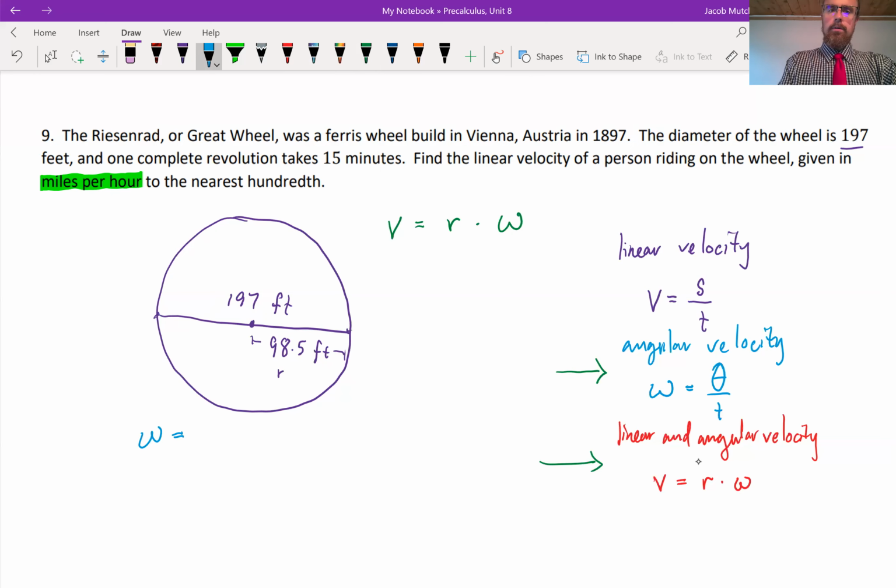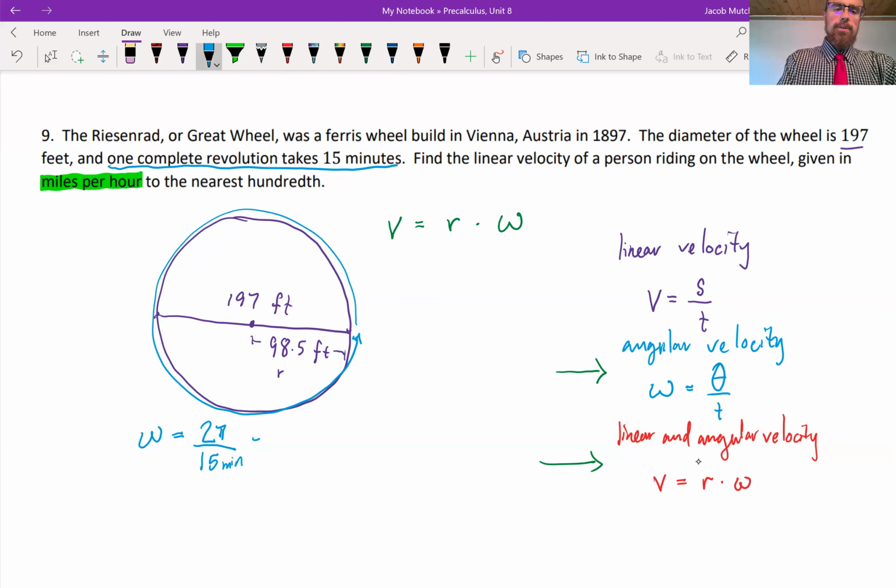To set up our angular velocity for this situation, we need the central angle. I see that this piece of information from our question is going to give us what we need: one complete revolution. So that's 2 pi. Again, one complete revolution of any circle is 2 pi radians. And it's going to be divided by the time it takes, 15 minutes.